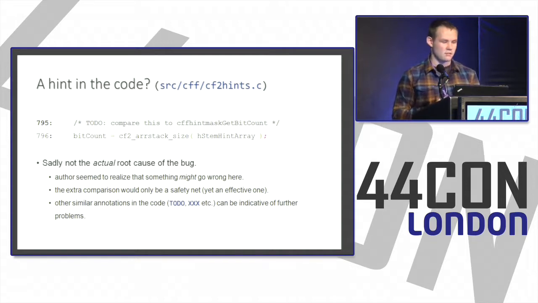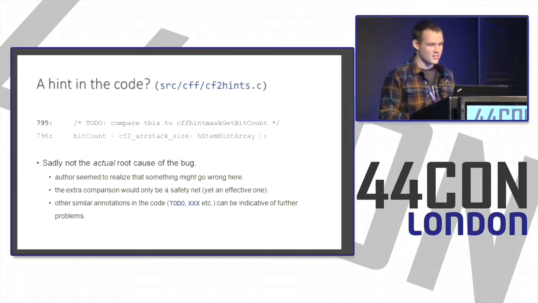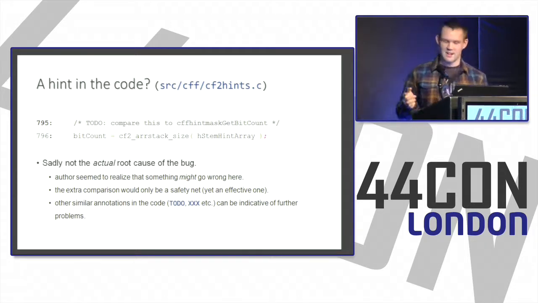So if you look at the code, you could see that there was a very interesting comment in line 795, which said "TODO: compare this to cff_hint_mask_get_bit_count". So this sounds a little bit like a TODO to add security. Unfortunately, it wasn't the root cause of the bug, because it's a little more complicated than how it looks in the code.